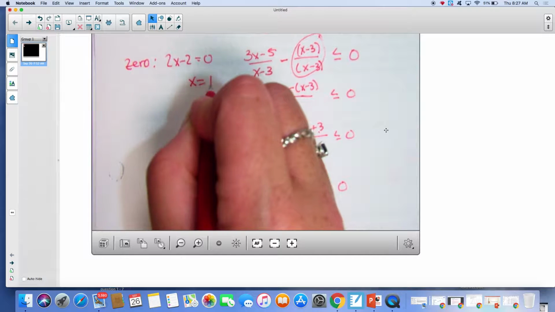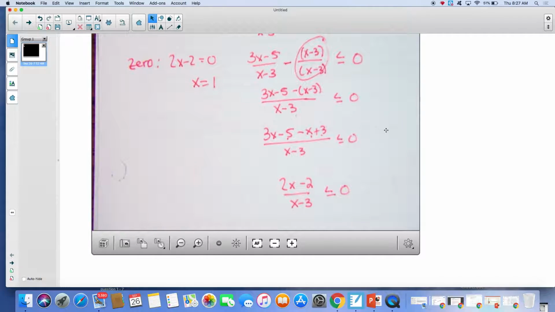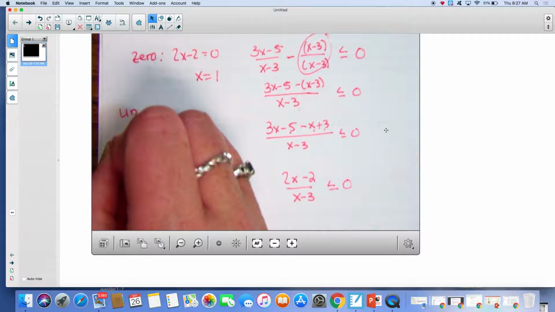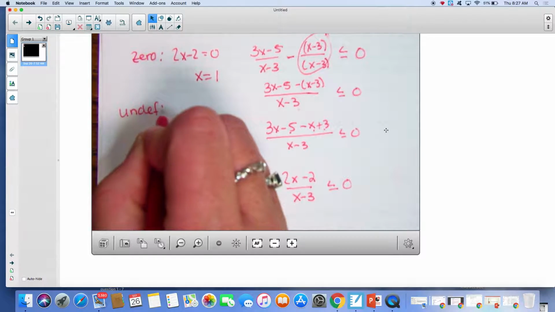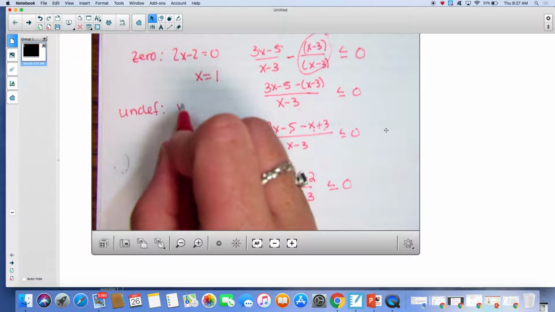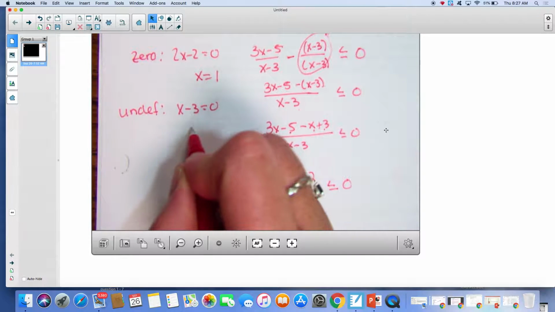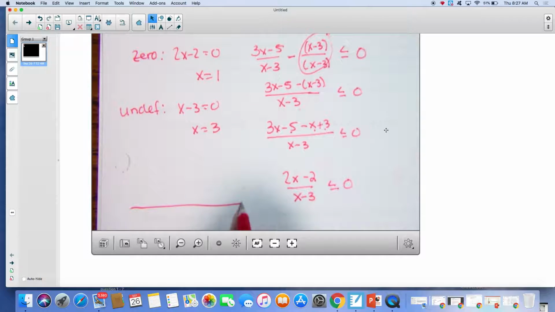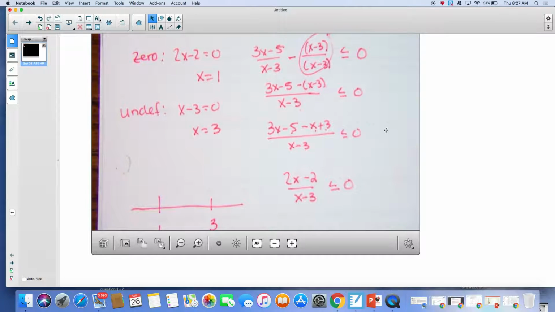So that's going to be at x equals 1. And it's undefined when the denominator equals 0. So our testing points are 1, well, our intervals are 1 and 3.